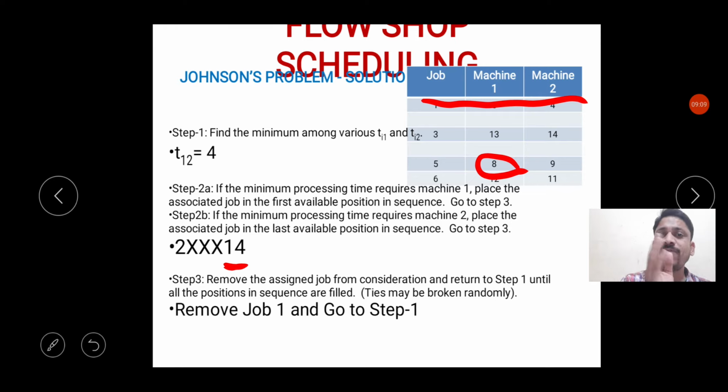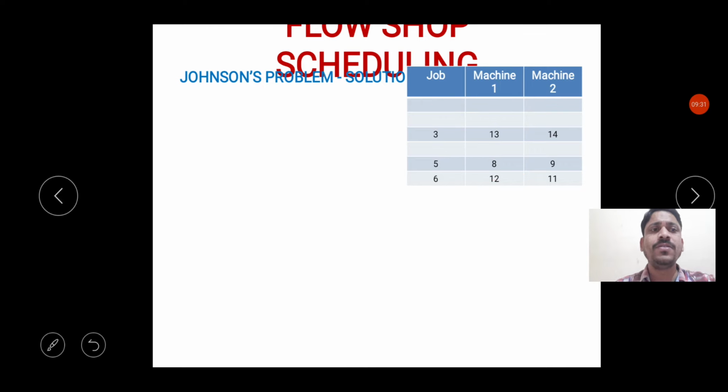So from the starting, whatever the available space is there, we have to place it there. So job 5, we will place it here in the second place, because the first place is already filled, so we will place it in the second place because it is to be placed from the starting.